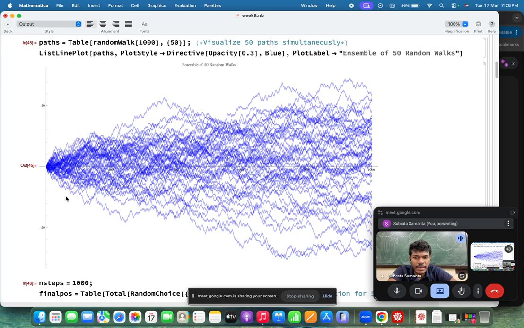So at every timestamp you calculate, the average is very close to 0. If you increase more and more paths, you get closer to 0.